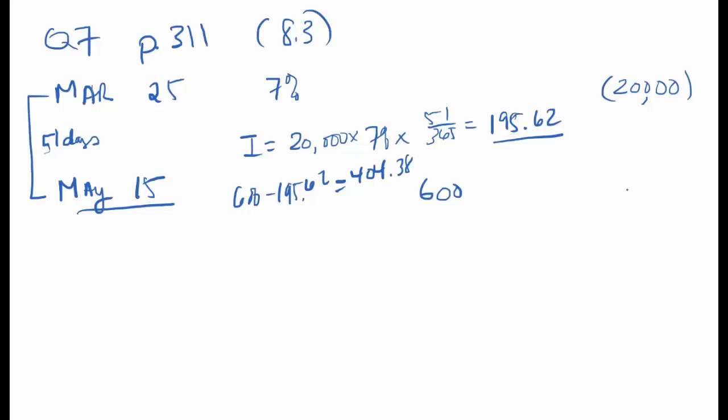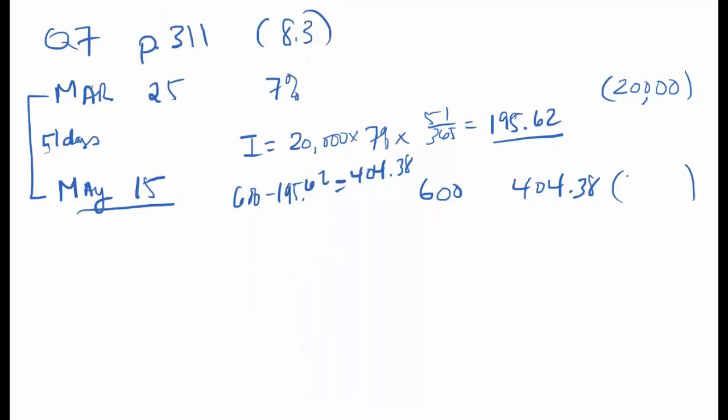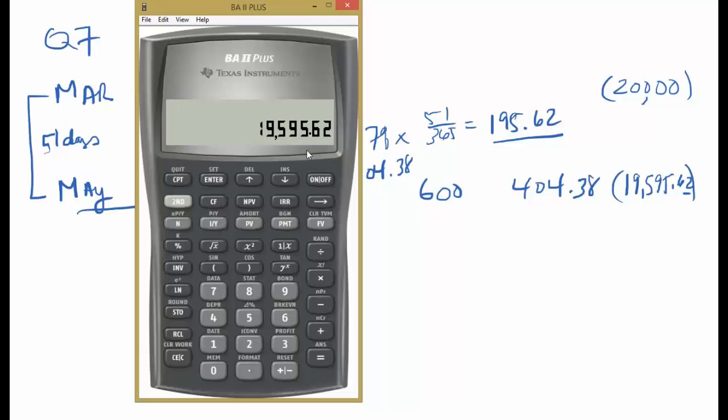Which means that my new balance is, I'll just do it backwards and change the sign, $19,595.62.